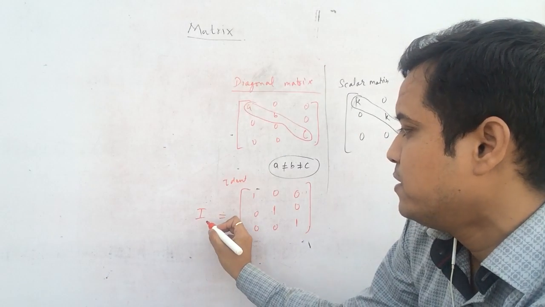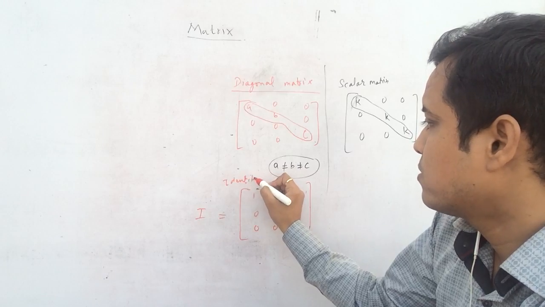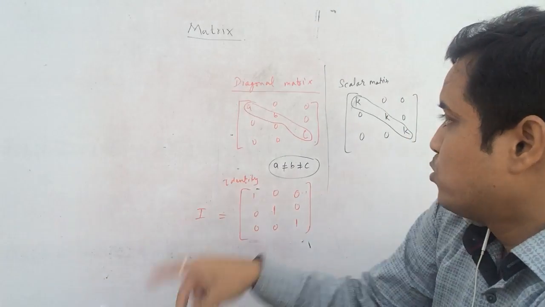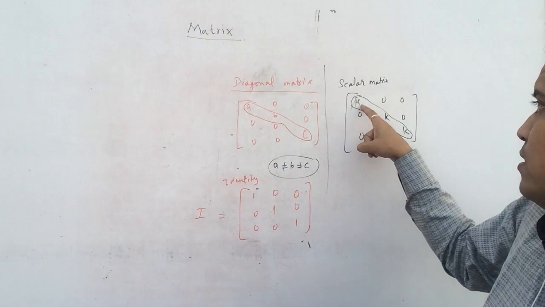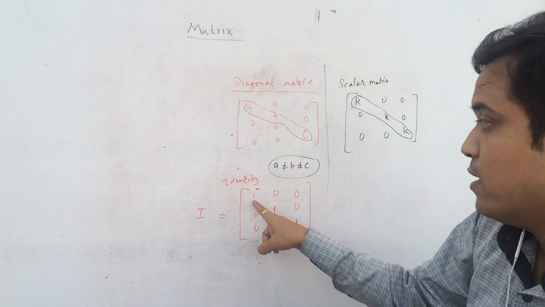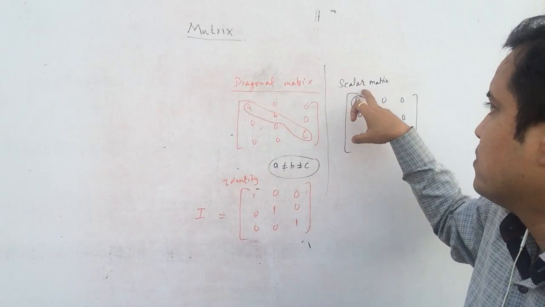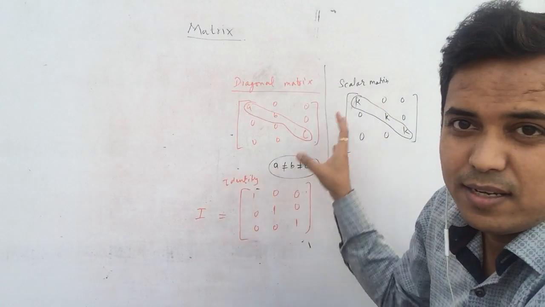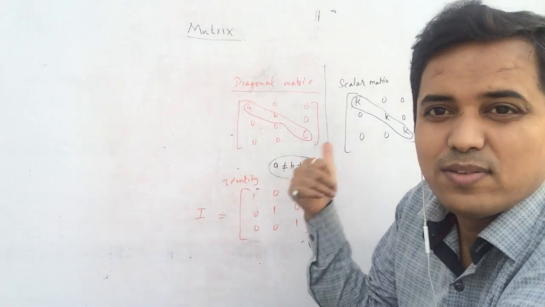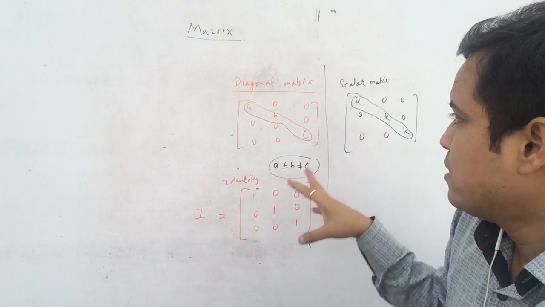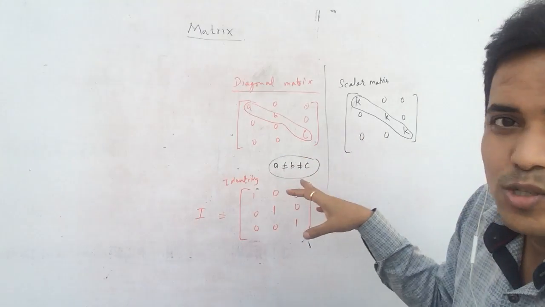Identity matrix is represented as I. So here A is not equal to B, is not equal to C. Here you see the same element in the diagonal, and here only 1 in the diagonal. So this is a diagonal matrix, this one is scalar, and this one is identity. So you can see the differences and similarities. The similarity is only that all are square matrices.